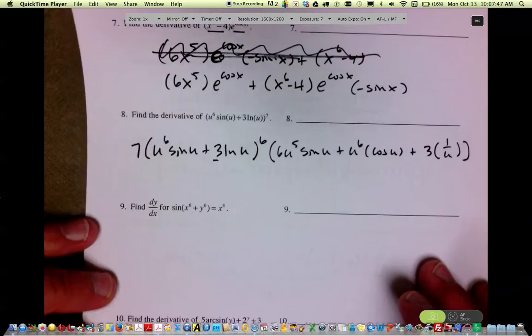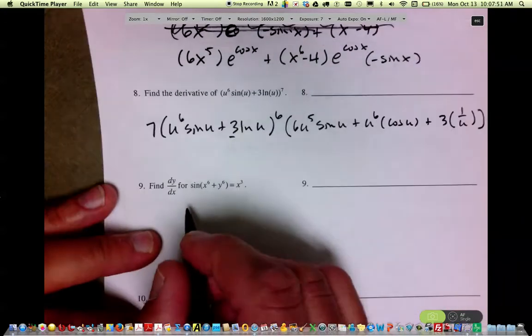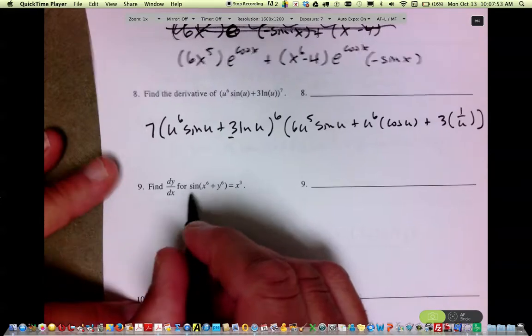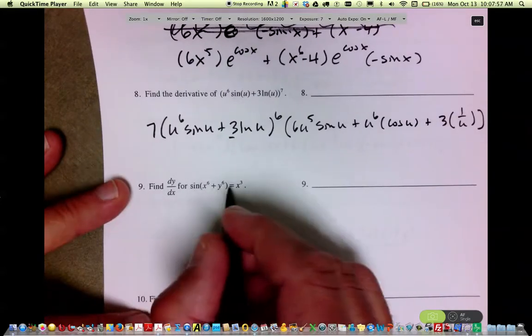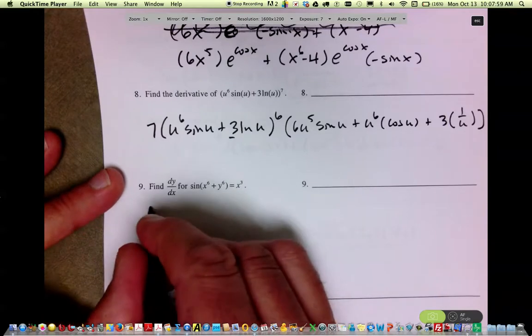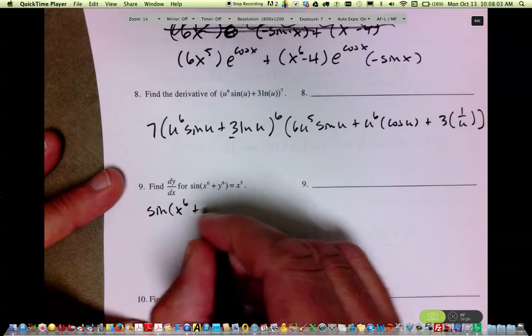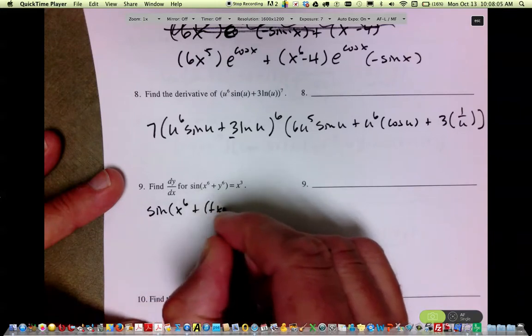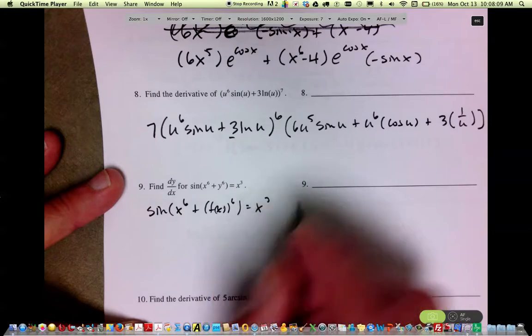Okay, and then number 9 was the implicit differentiation problem. These are the ones that we did on Wednesday. So I'm going to take the derivative of both sides with respect to x, but I'm going to think about y as being a function of x. So the first thing I'm going to do is write this as sine of (x to the 6th plus f of x to the 6th) equals x to the 3rd.